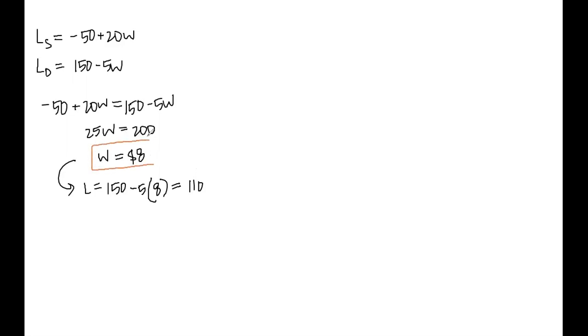So when looking at these labor supply and labor demand equations, we can think of our labor supply equation as the labor force because it's the amount of people supplying their labor. So the total amount of people who are either unemployed or employed. So in this case, our labor force is going to equal 110 because that's what labor supply is after we set these two equal to each other.